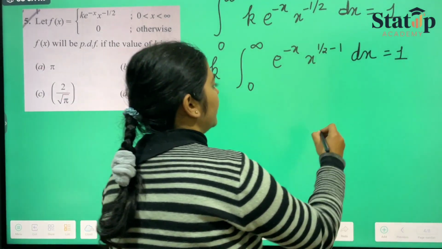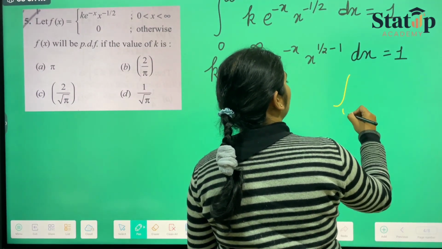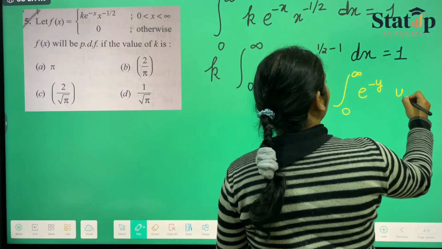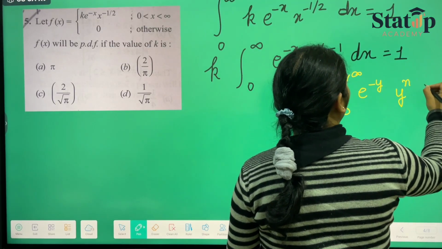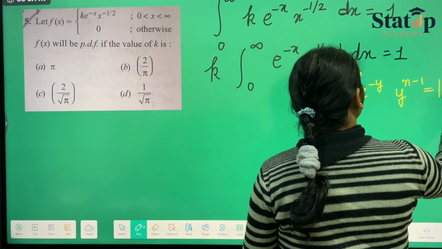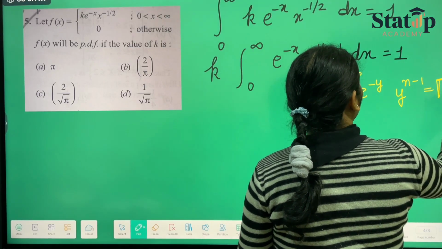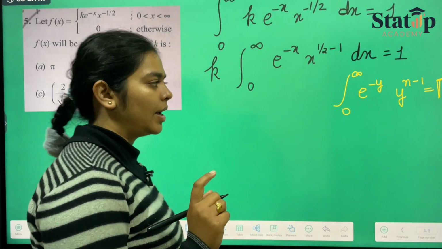Now we know that the integration from 0 to infinity of e raised to the power minus y, times y raised to the power n minus 1, is equal to gamma n.